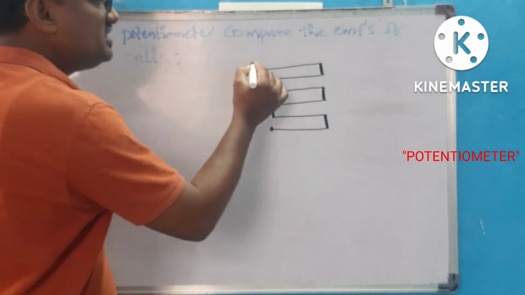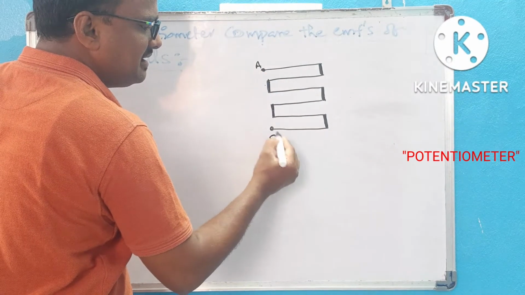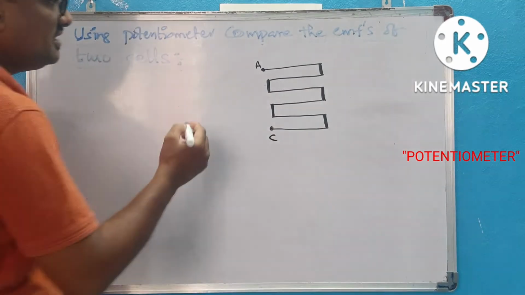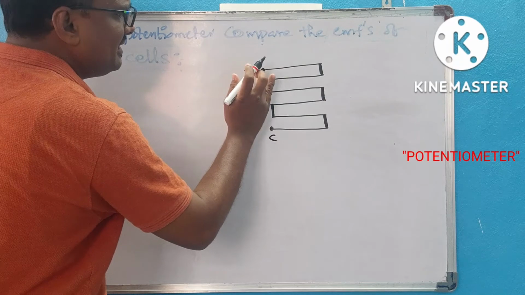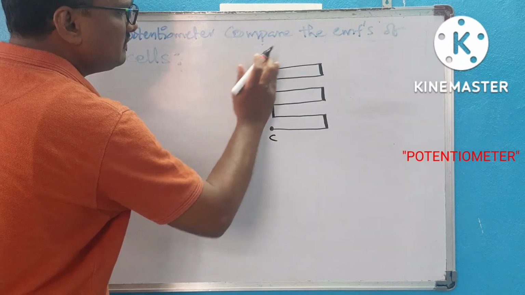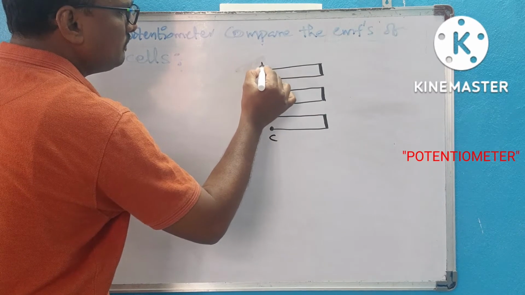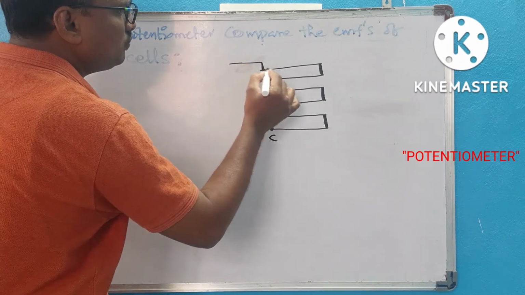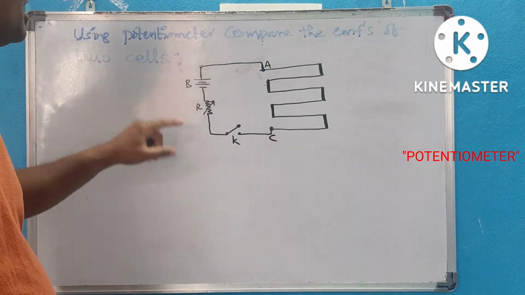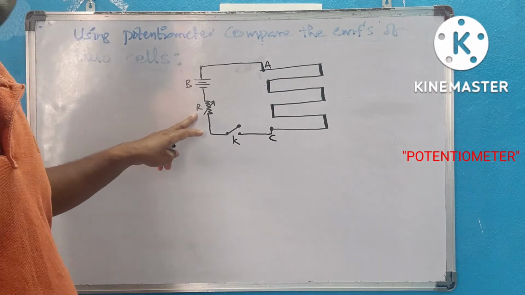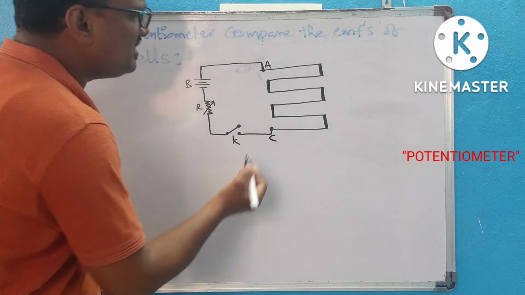Here this is the point A. This is the point C. A very high resistance battery, a resistor and a key switch are connected to this circuit.